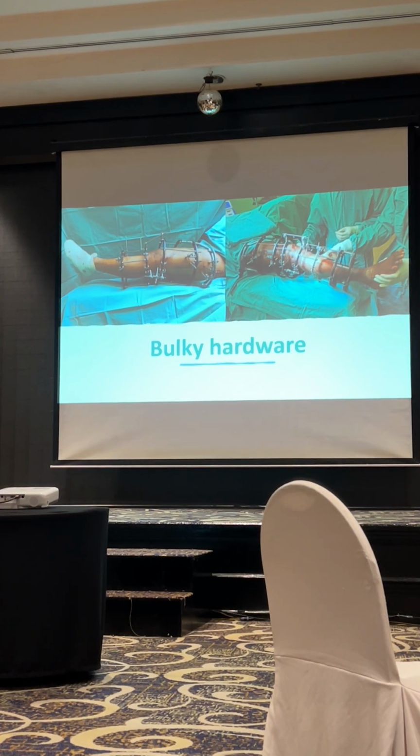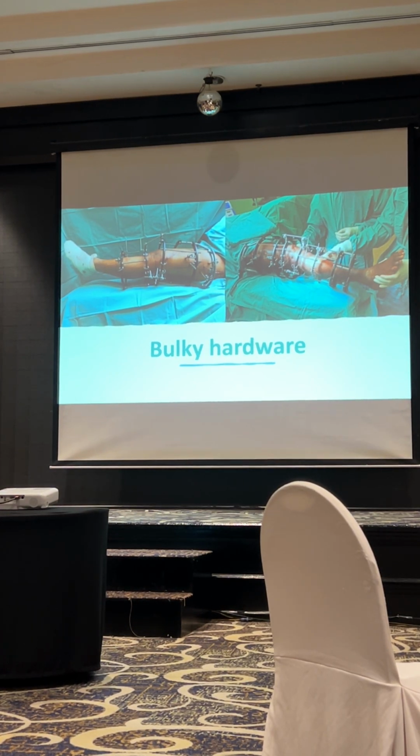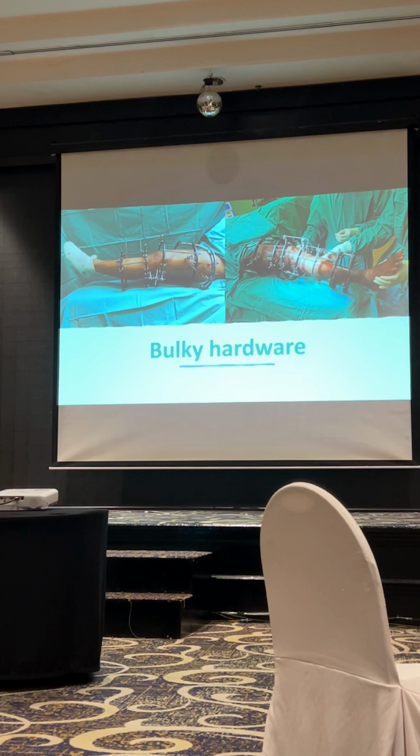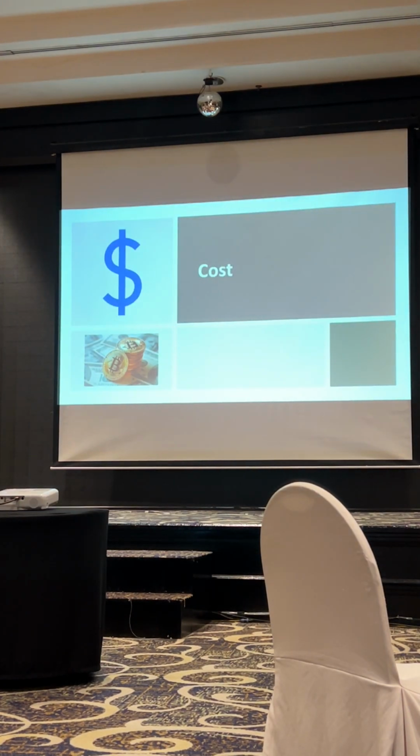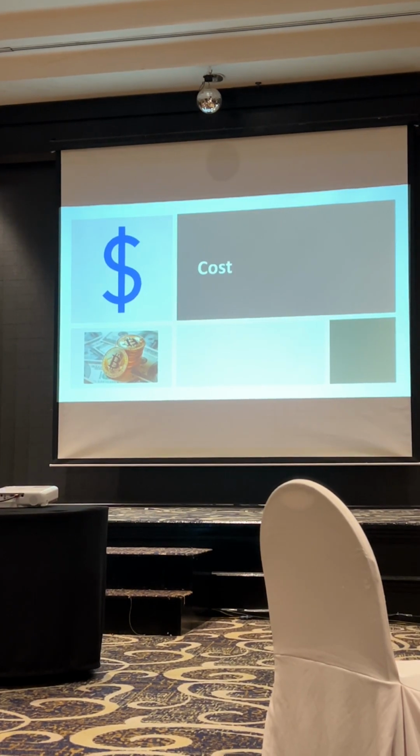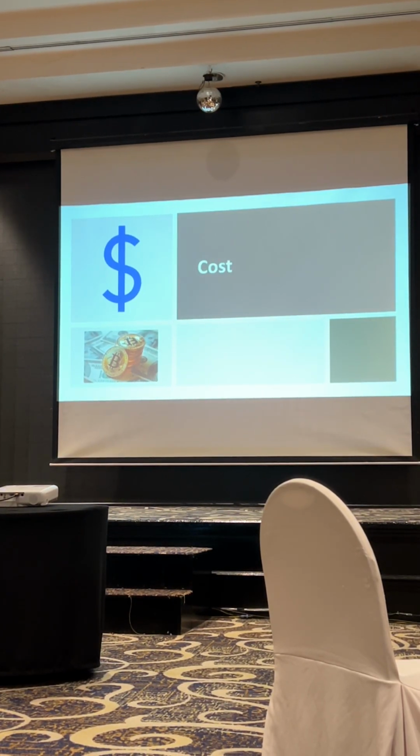You can see how bulky it is. But nowadays we are trying to move towards a hybrid system, even with the LRS, meaning the LRS for the femur, or LRS for the femur and tibia, or Ilizarov for the tibia and LRS for the femur. Of course, this is industry related, so it's expensive.